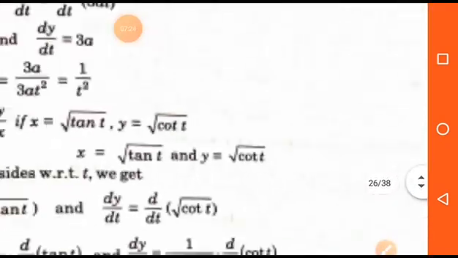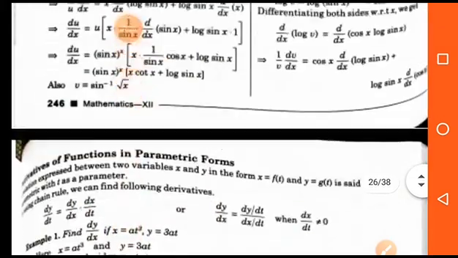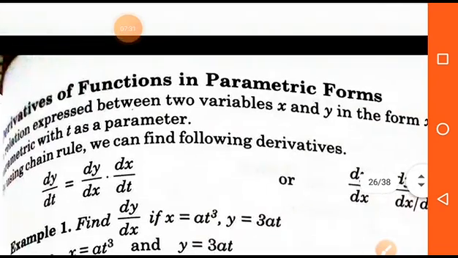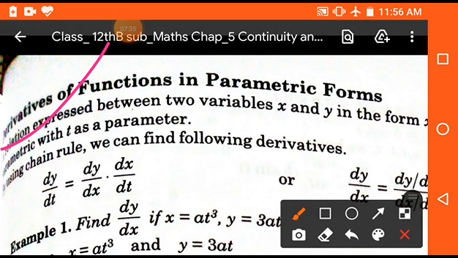Now students, the next topic is derivative of a function in parametric form. As you see in this lecture, we are differentiating any function with respect to x or with respect to y. But in the parametric form, the function is given in different forms.